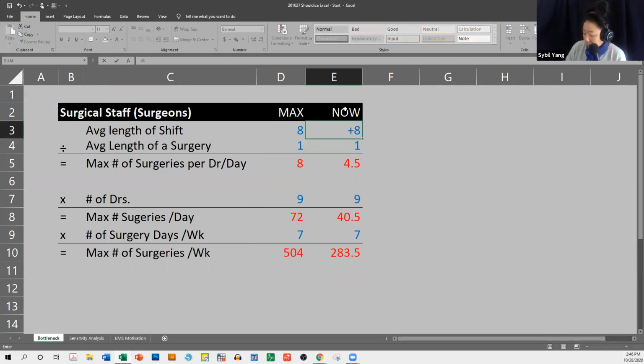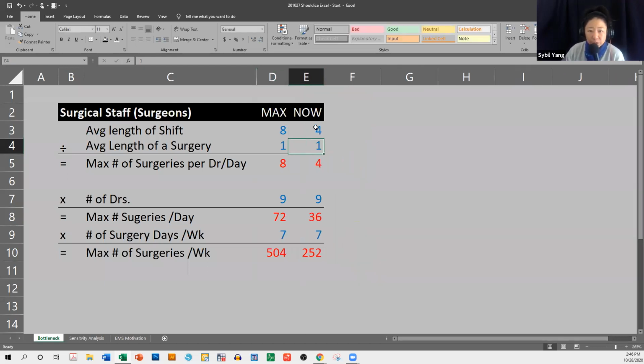Okay. Now, let's say it's about 4.5 hours. So I'm going to say that of 8 hours, they get half an hour for lunch. They get 2 15-minute breaks, right? And then they do clinic duty, let's say for 3 hours. So now on average a surgeon is doing 4 hours of surgery, and they're doing 5 days a week.